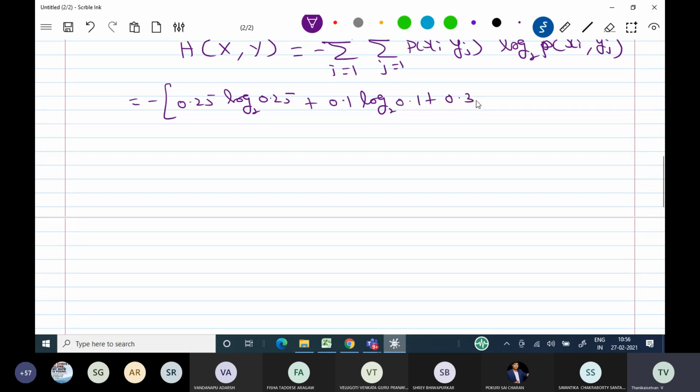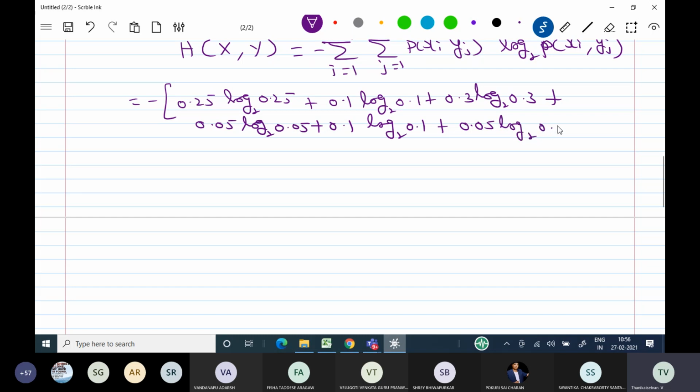Plus 0.3 log base 2 of 0.3, plus 0.05 log base 2 of 0.05, plus 0.1 log base 2 of 0.1, plus 0.05 log base 2 of 0.05, plus 0.1 log base 2 of 0.1. Practicing is very important, I already told you. Without practicing, you cannot do these things directly in the examination. You at least have to write.